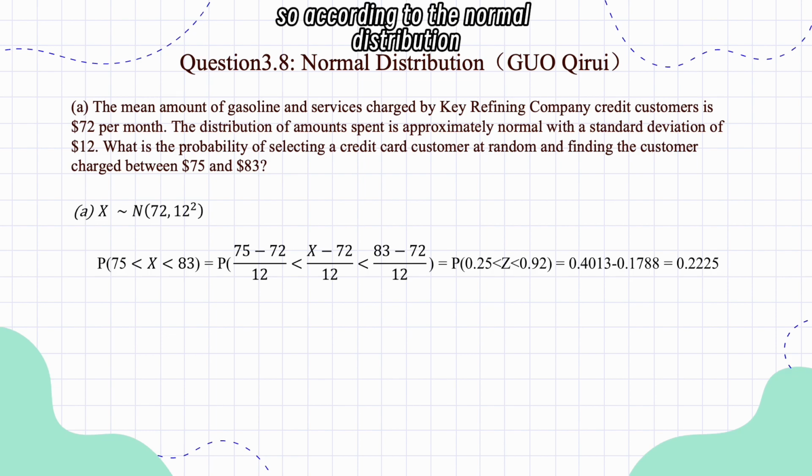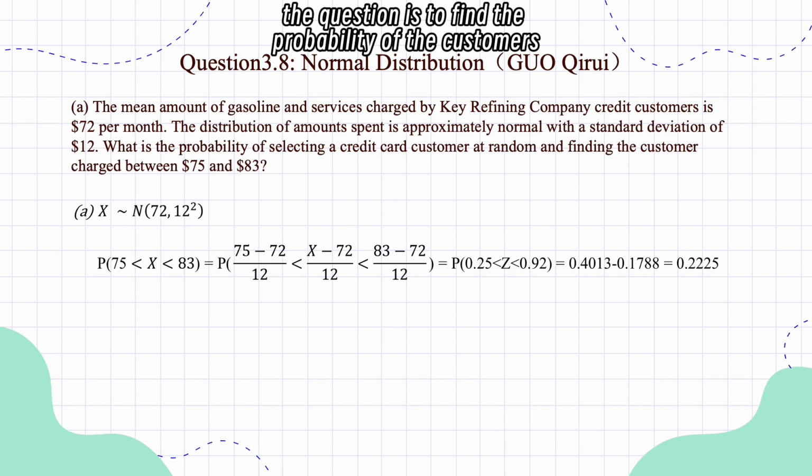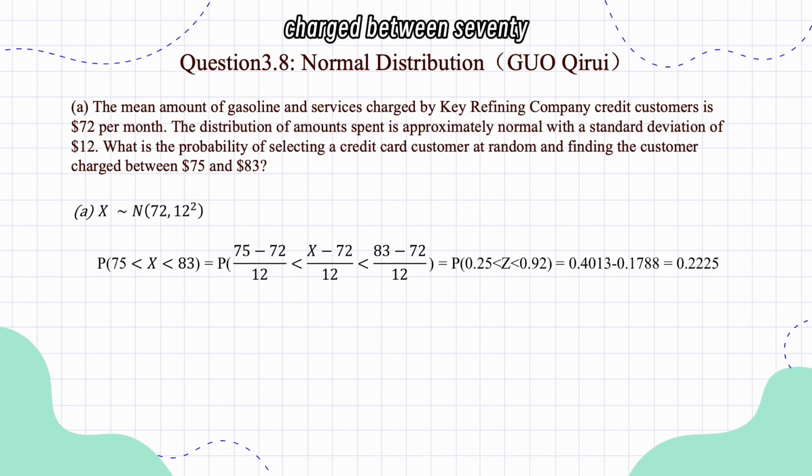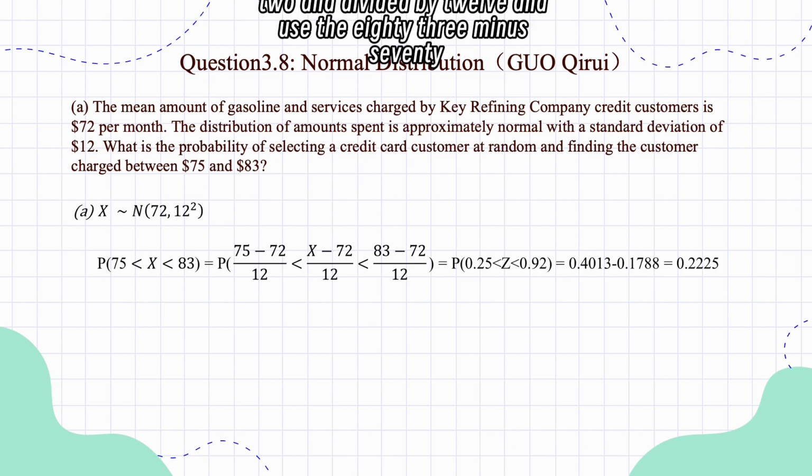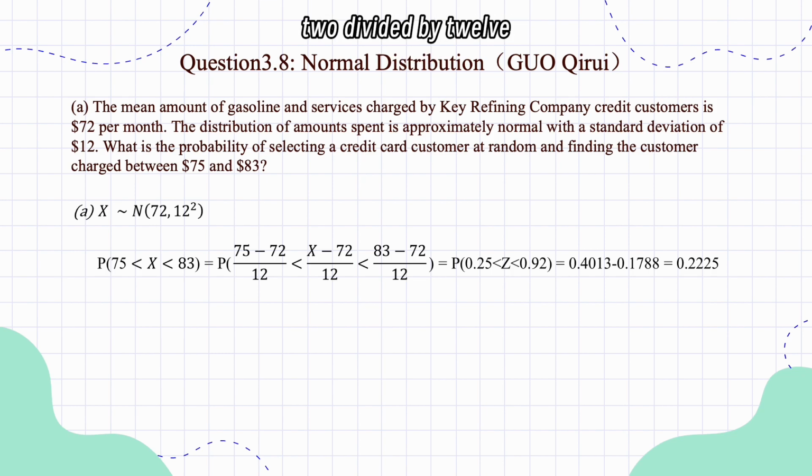According to the normal distribution, the question is to find the probability of the customers charged between 75 and 83. So we use 75 minus 72 divided by 12, and 83 minus 72 divided by 12.